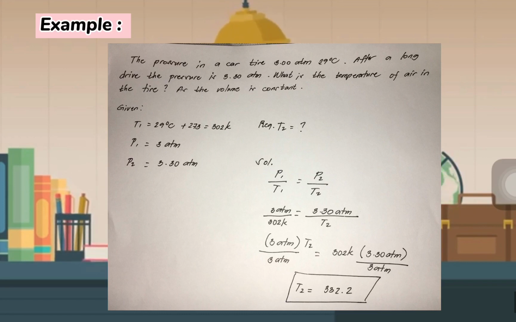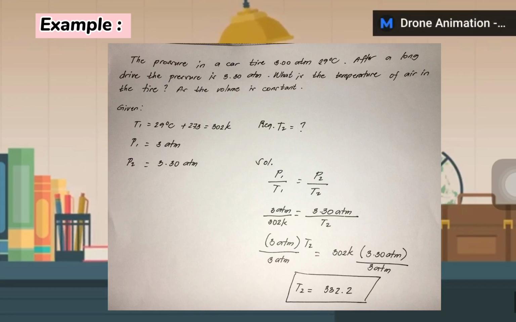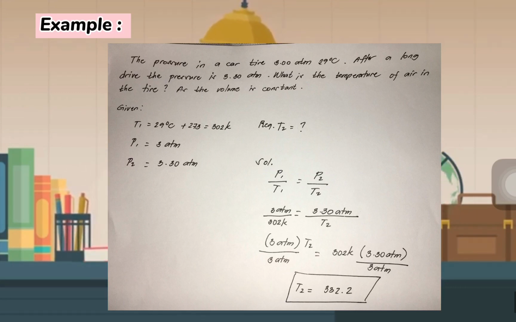To have the cancellation process, divide both sides by 3 atm. So cancel 3 atm. So the remaining will be the second temperature. Then on the other side will be 302 Kelvin times 3.30 divided by 3. The answer will be 332.2, and this will be our second temperature.